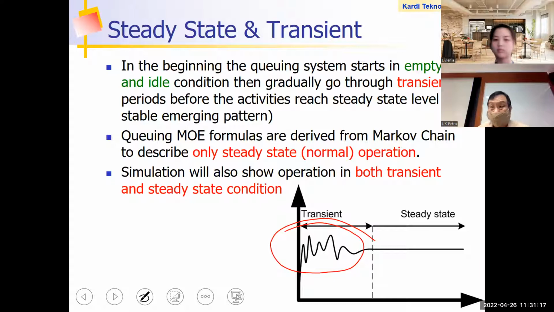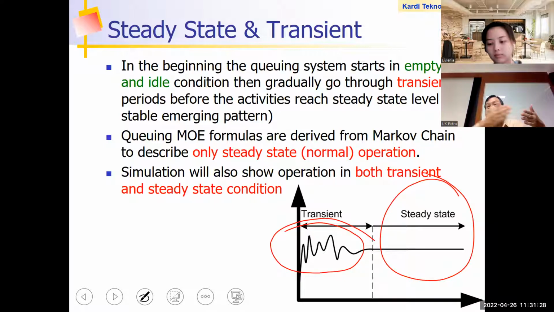But the queuing theory that we will discuss in a moment is derived from the Markov chain. That means it is derived from steady state. It's already the long-term behavior. Of course the simulation can also get the steady state condition. But that's why sometimes you will see the result of the simulation is not always the same as the queuing theory.